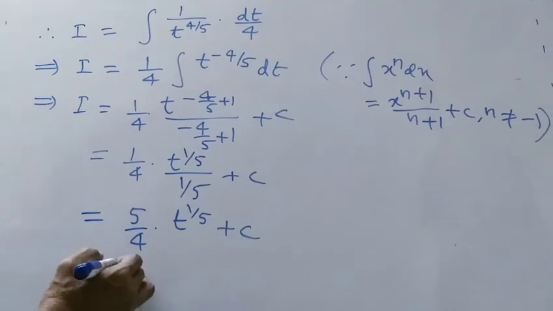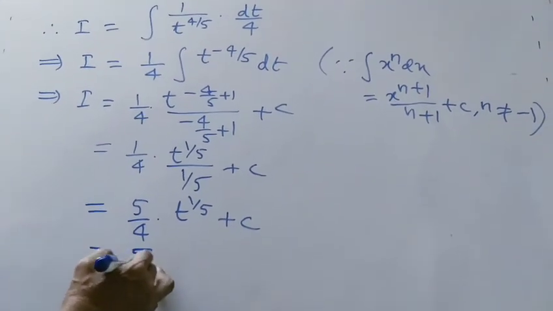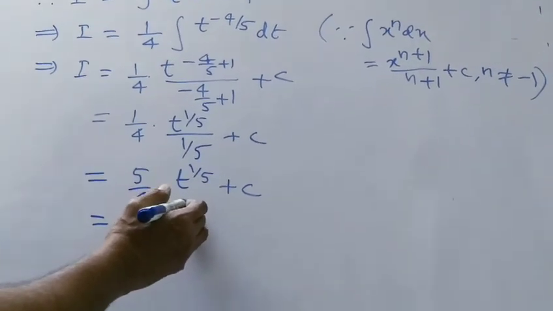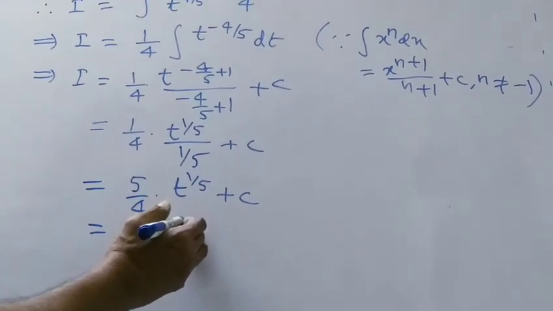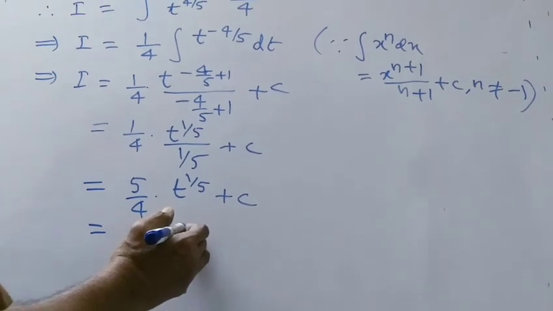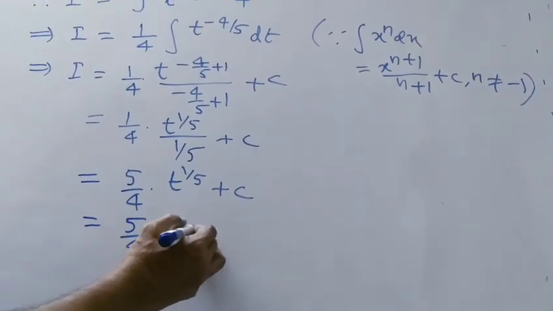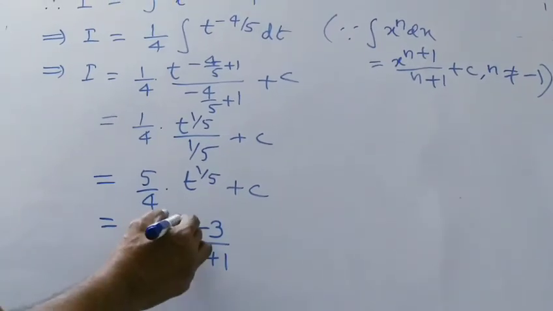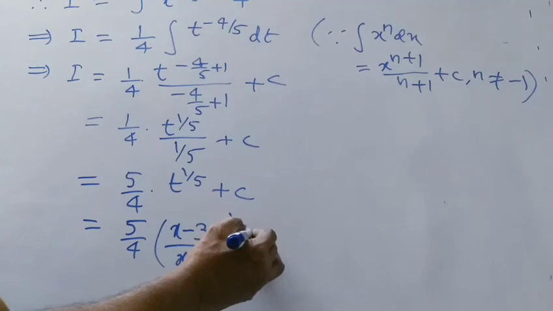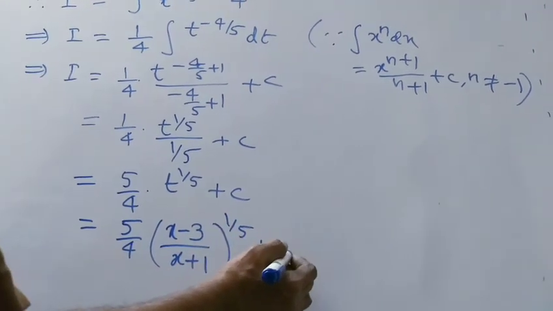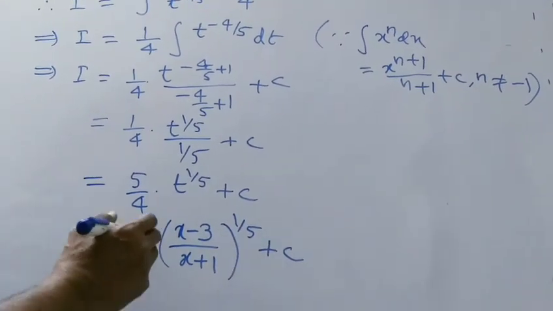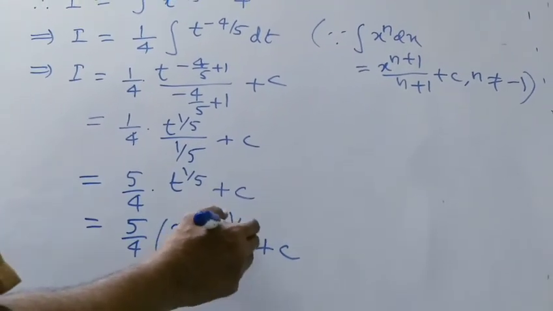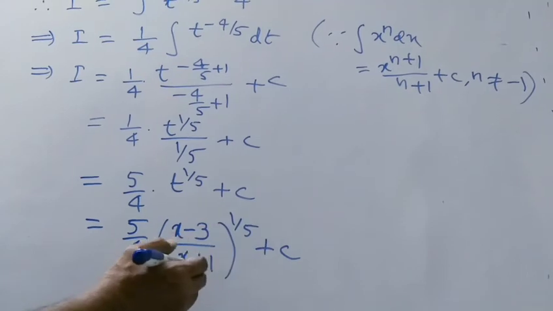I is equal to 5/4 times t, where we already took the substitution t equal to (x minus 3)/(x plus 1). So it is 5/4 into ((x minus 3)/(x plus 1)) whole to the power of 1/5 plus c.